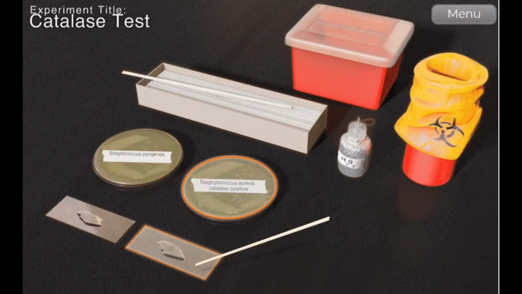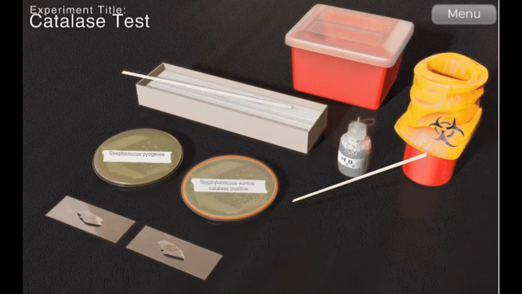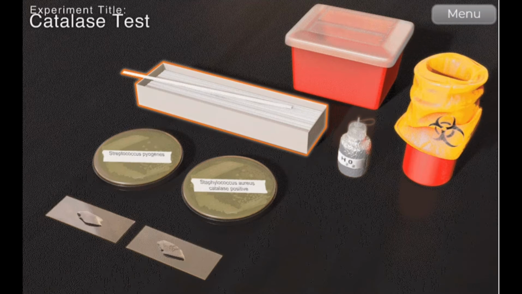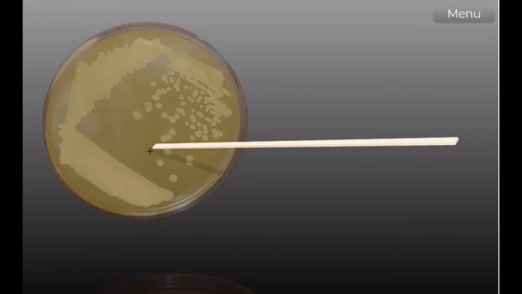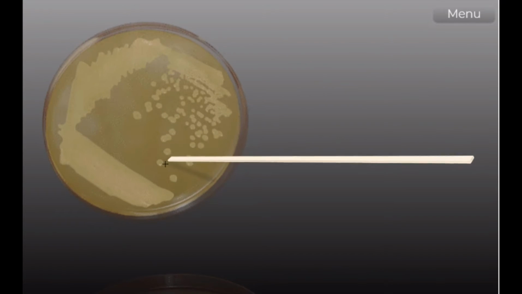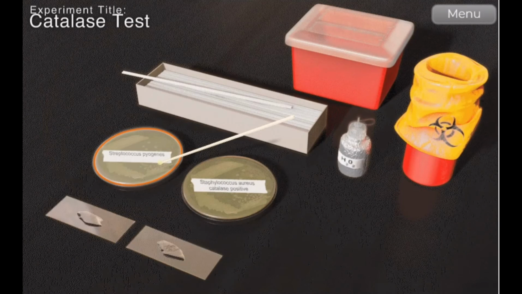After finishing the experiment for Staphylococcus aureus, put the stick into the hazardous waste. Next, we will do Streptococcus pyogenes. Isolate the colony and put it on the slide.